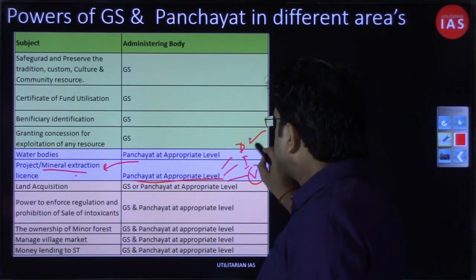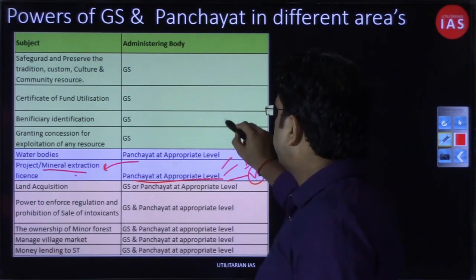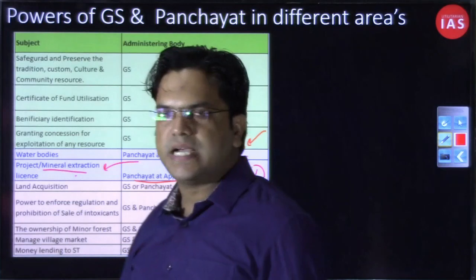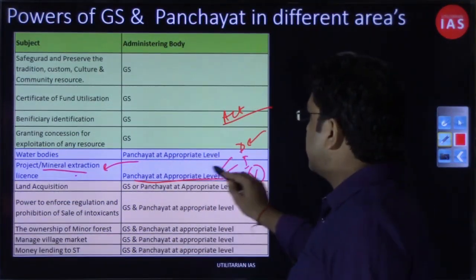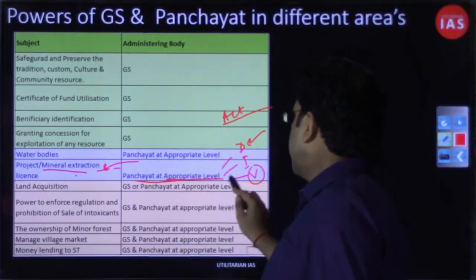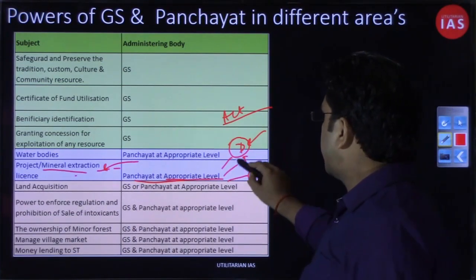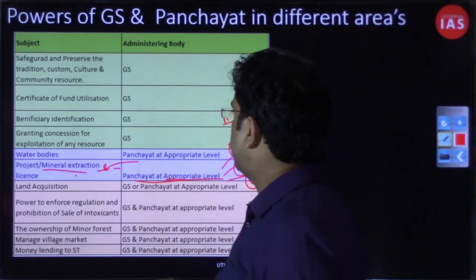So that will be pre-decided, not at a time, right? It will be pre-decided by the Panchayati Raj Act. Every state does have this Panchayati Raj Act. Now every state would have already beforehand declared that if there is any such request from any industrialist popping up, right, in that case whether the district panchayat is empowered or the intermediate panchayat is empowered or the village panchayat is empowered to take the decision.